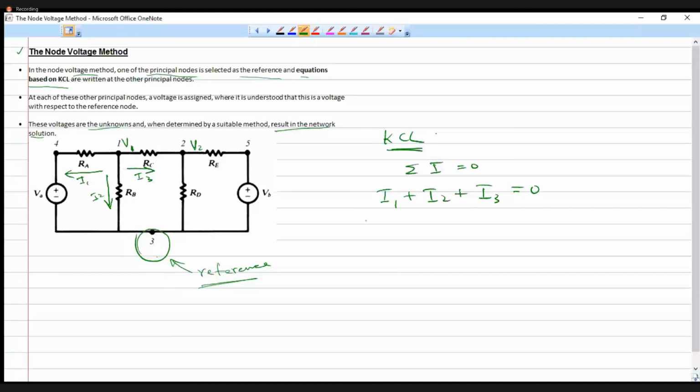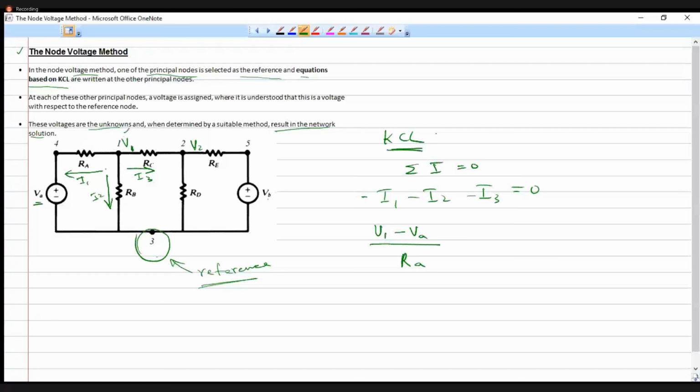So how can I write I1? It is nothing but V1 minus VA divided by the resistance RA coming in between. VA is this voltage and V1 is this.